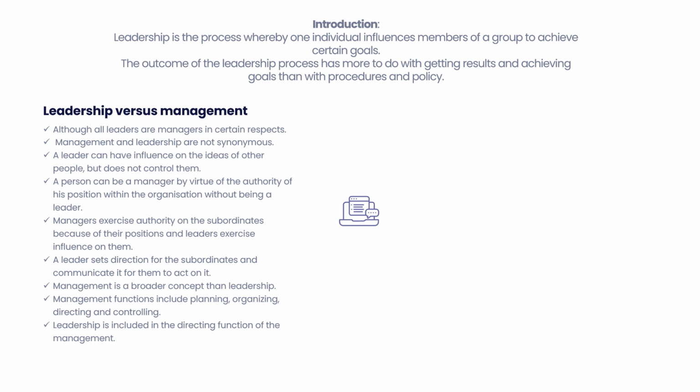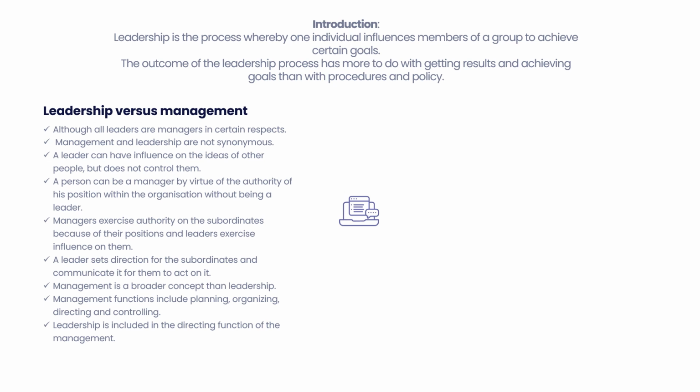But a leader is not there to control the people. He is there to influence their ideas so that they can reach their goals. The manager is there to control them as they walk in the path of achieving the goals. Managers exercise authority on subordinates because of their position, and leaders exercise influence on them because leadership is not a position.